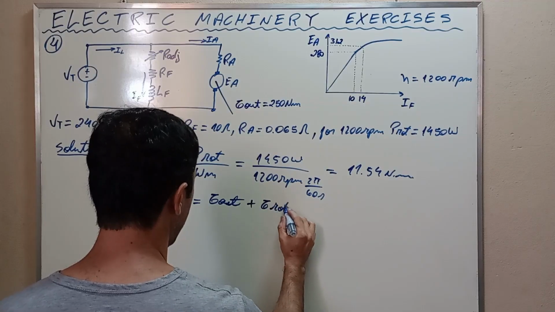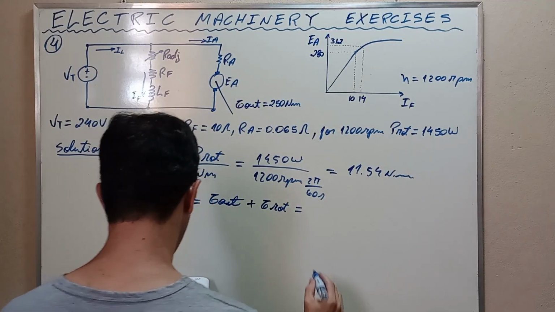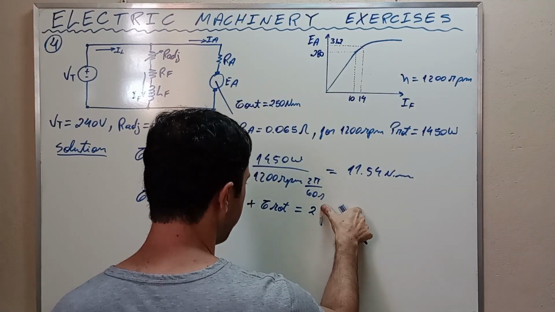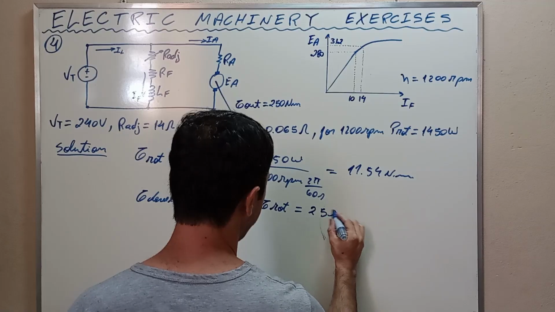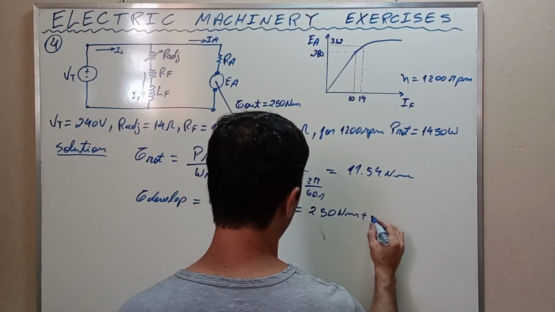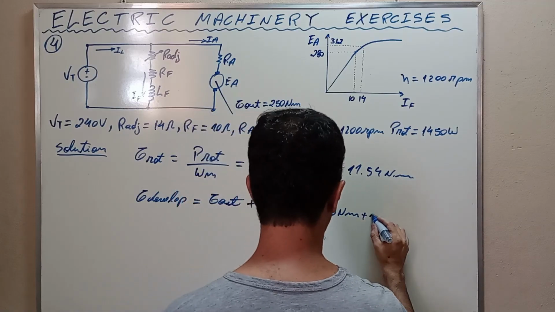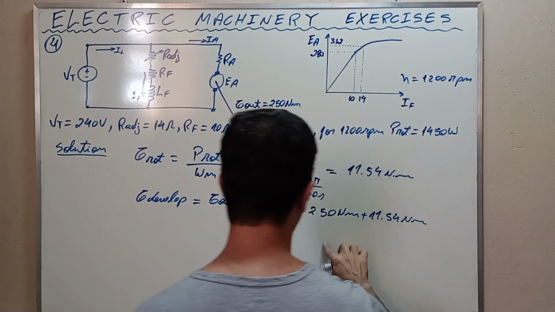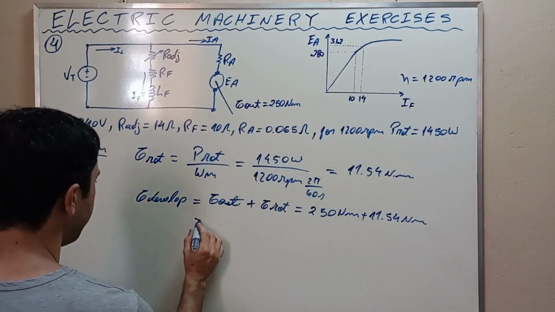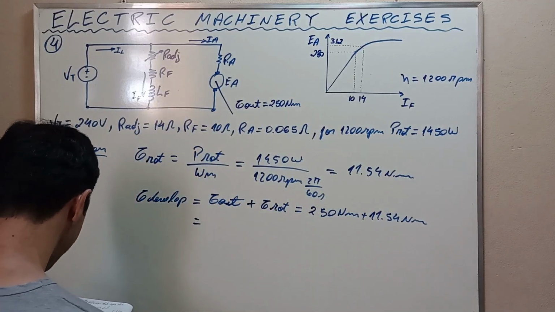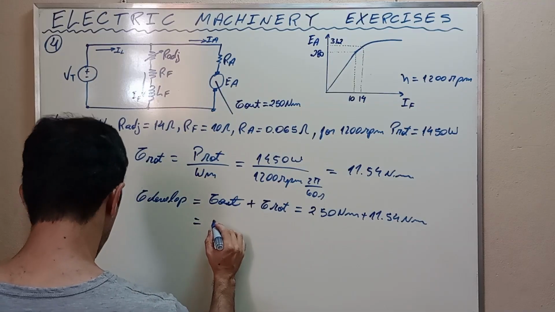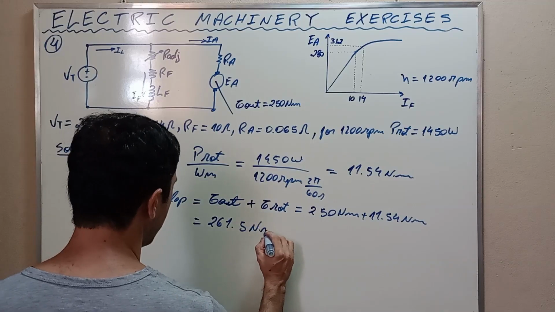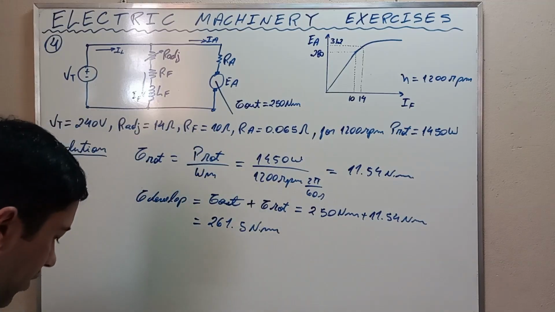The developed torque is 250 Newton meters plus 11.54 Newton meters, and this is equal to 261.5 Newton meters. Okay, this is the developed torque.